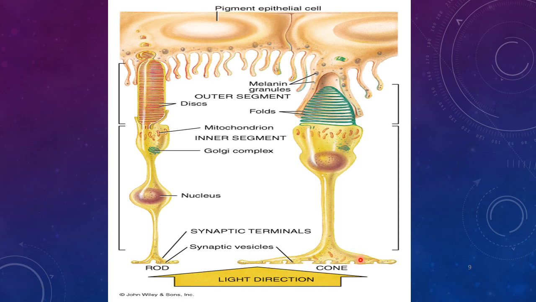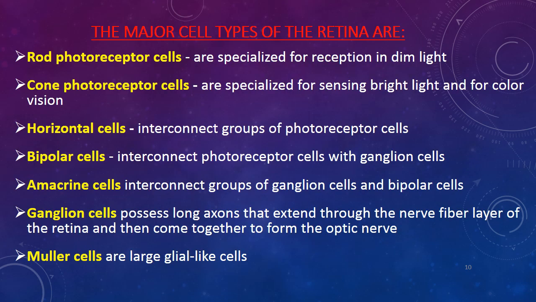As compared to the rod, this is a very expanded and broad termination of the cone, which is known as cone pedicle. So rod has rod spherule and this has cone pedicle, and then they make the synaptic junctions. So the neural retina has a very important structural composition.